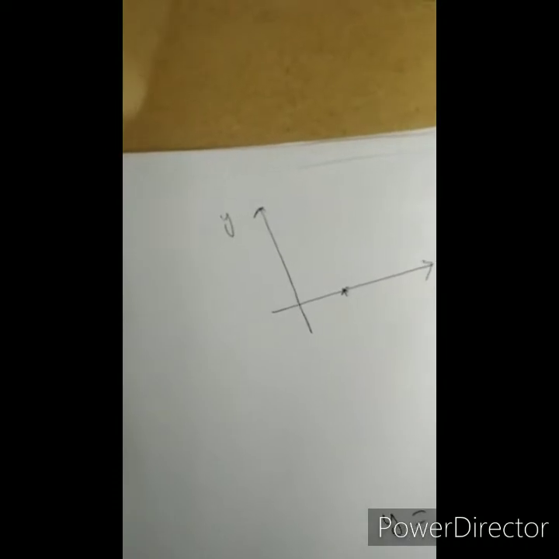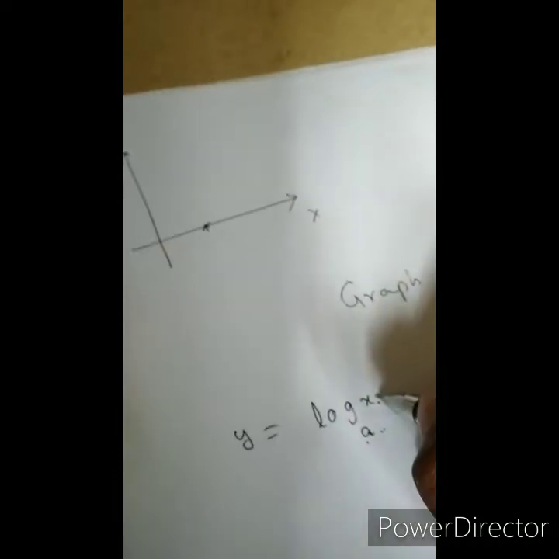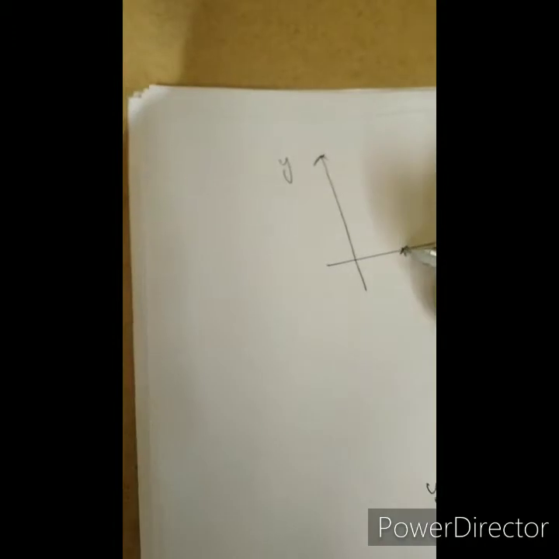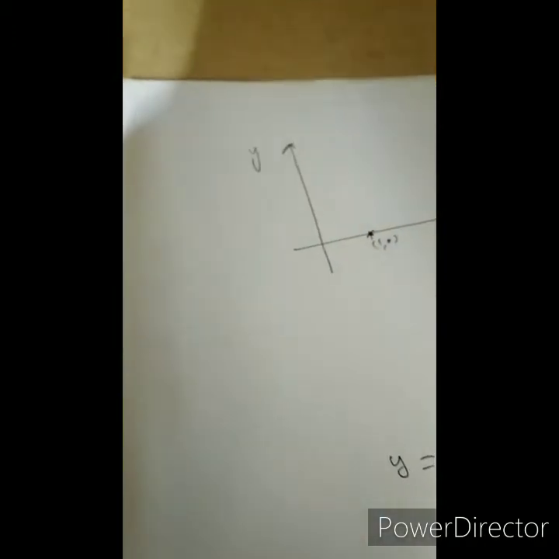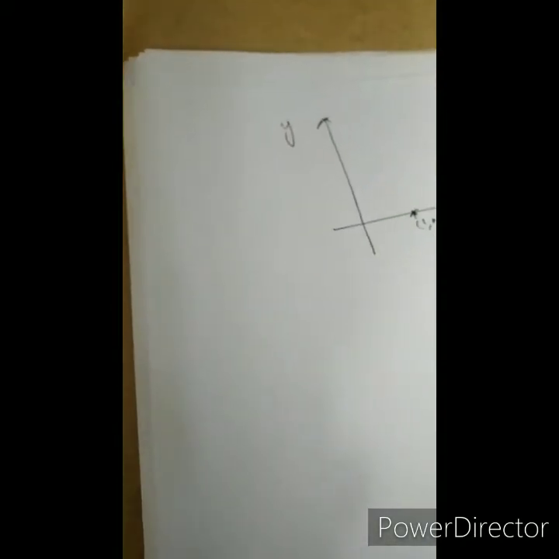Now if I take x equal to 1, then logarithm 1 to the base a is always 0; its value is 0.